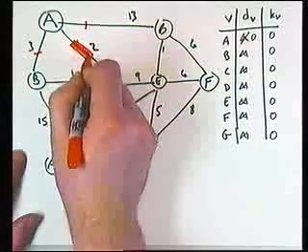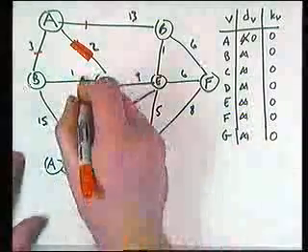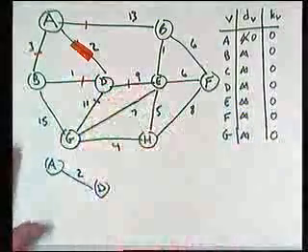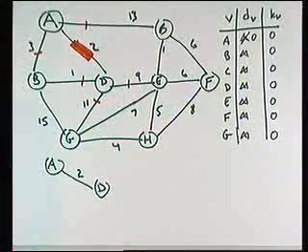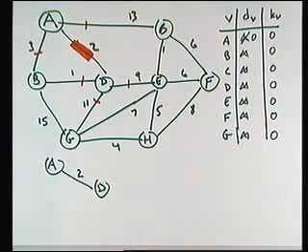Once that's added to my tree, now I consider not just stuff from A, but stuff from D as well, because now A and D would both be in set S. By adding the A to D edge, we would have moved D from the set N to the set S. And now at this second step, consider all the edges that go from A or D to the other vertices. Which one's the lowest out of those? And that was how we proceeded with Prim's.